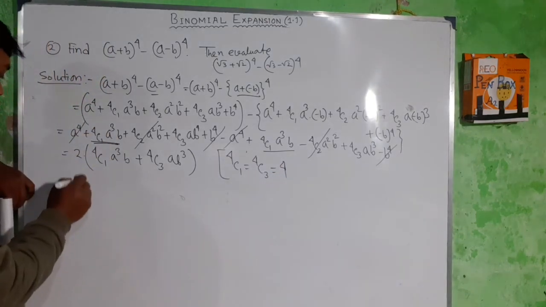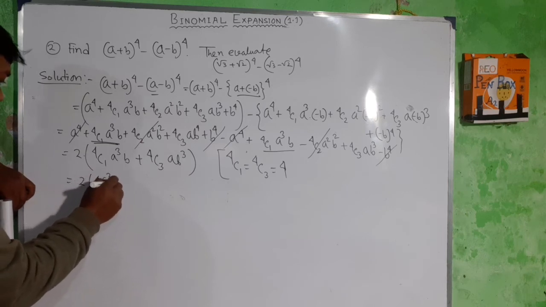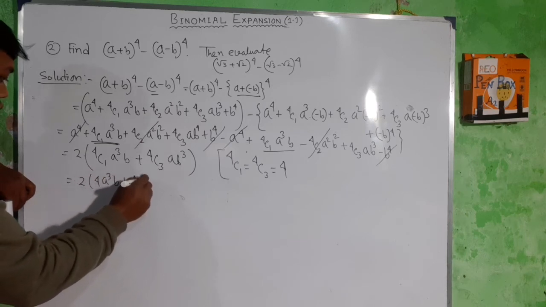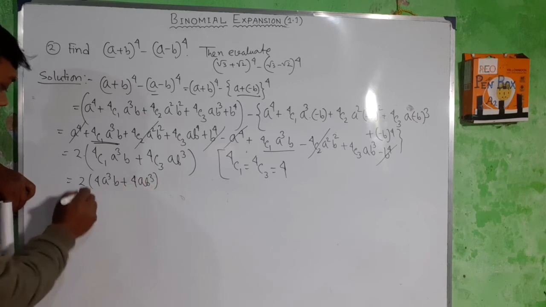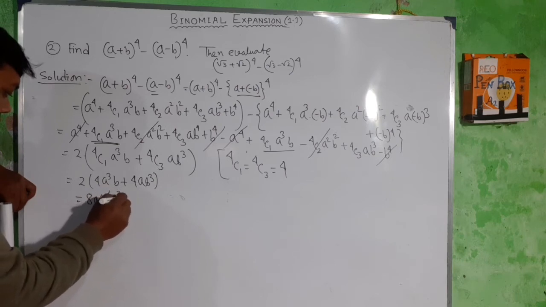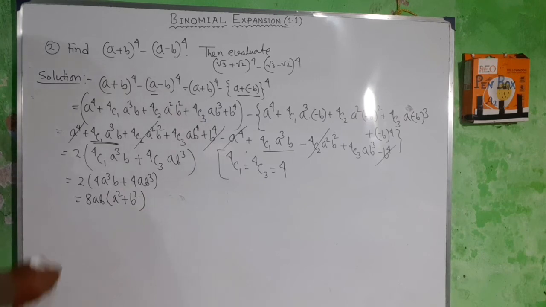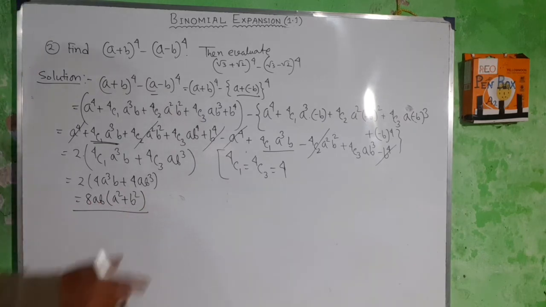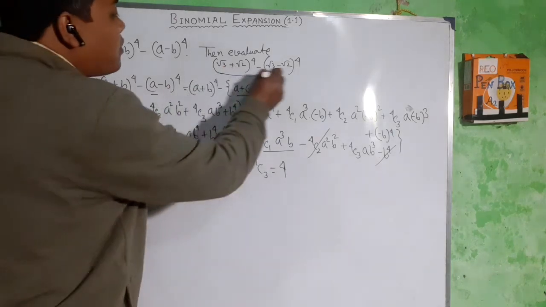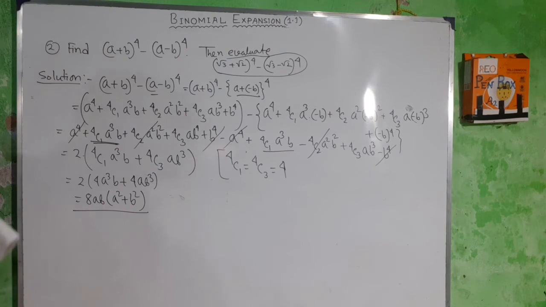So you will get 2 into 4a cube b plus 4a b cube, and you take the common part 4ab, 8ab, you will get a square plus b square, am I right? 8ab.